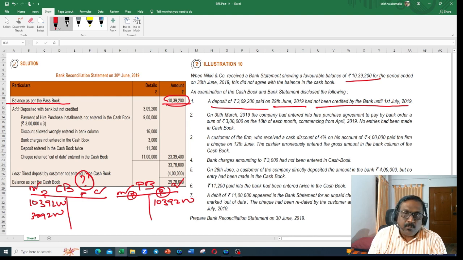And this amount is not credited by the bank till 1st July. That means there is no entry in the passbook. What will happen? This balance got increased. Question mark balance got increased. If the question mark balance got increased, what are we supposed to do? We have to add. Simple. 3 lakhs 9,200, add. Deposited with the bank but not credited.